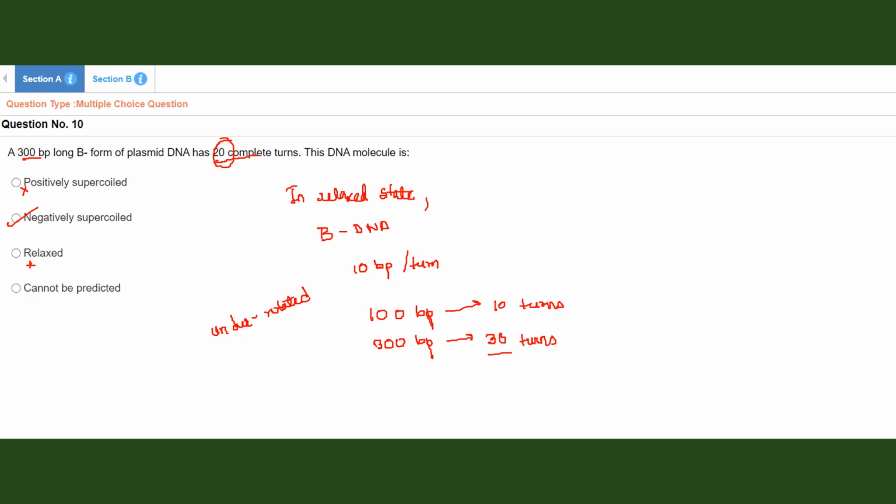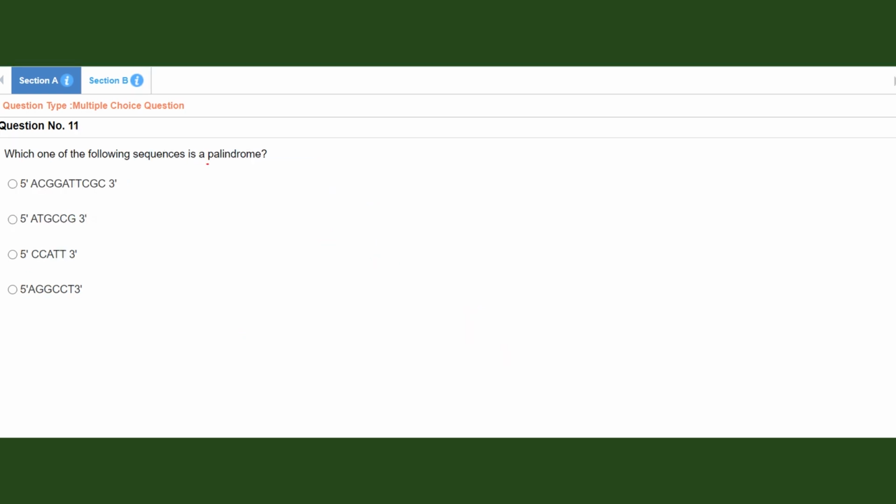Question number 11. Which one of the following sequences is a palindrome? Now we know a palindrome is like a word or letters that read identically from the left or from the right. For a nucleic acid sequence, the palindrome is when a strand read from 5' to 3' is identical to the complementary strand when read from the 3' to 5' direction.